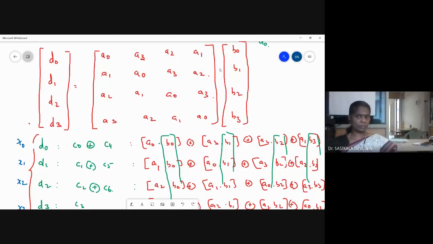So polynomial ring multiplication can be done in a simplified manner by applying matrix multiplication.